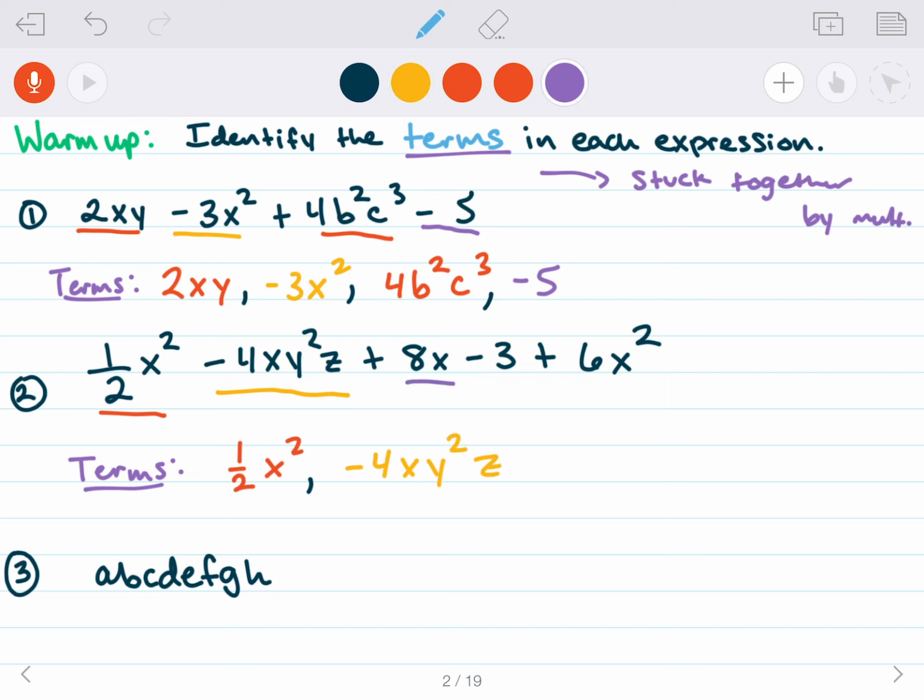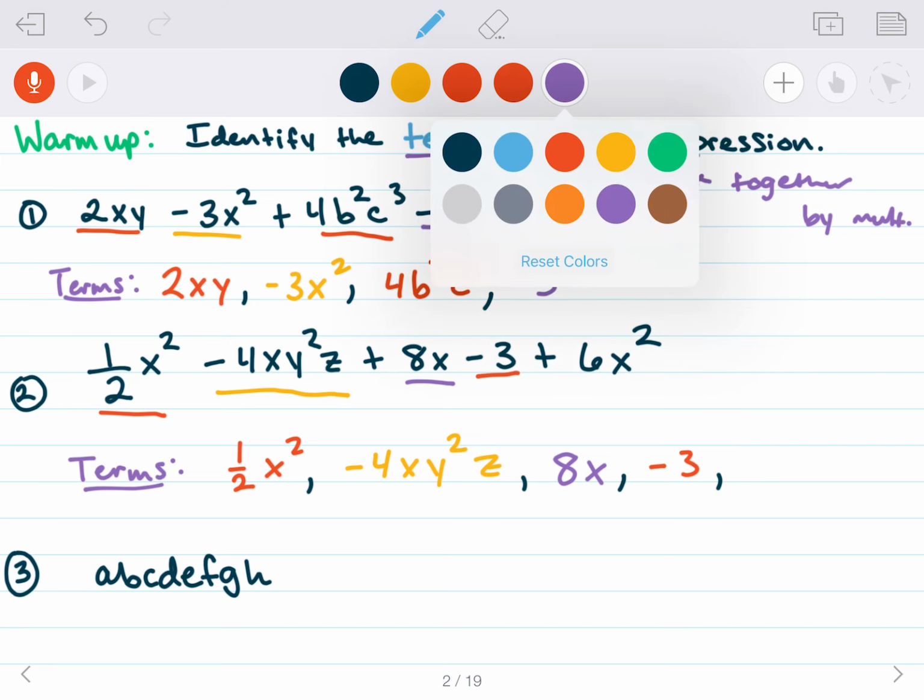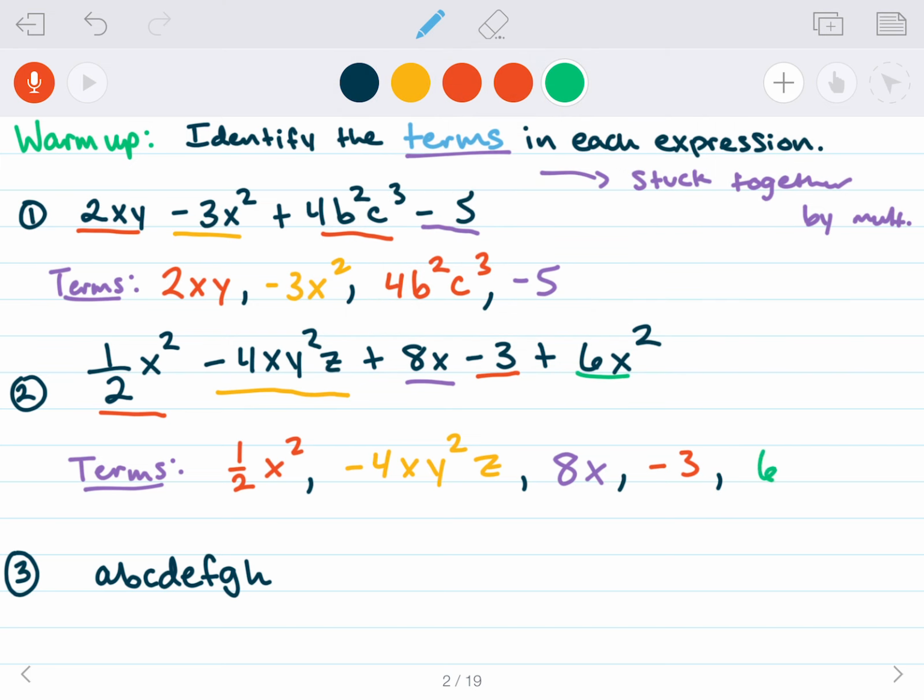We get 8x. That's our next term. Minus sign again separates, but remember it's plus a minus technically. So this is going to be minus 3 is our next term. And then after that, our last term is going to be 6x squared.